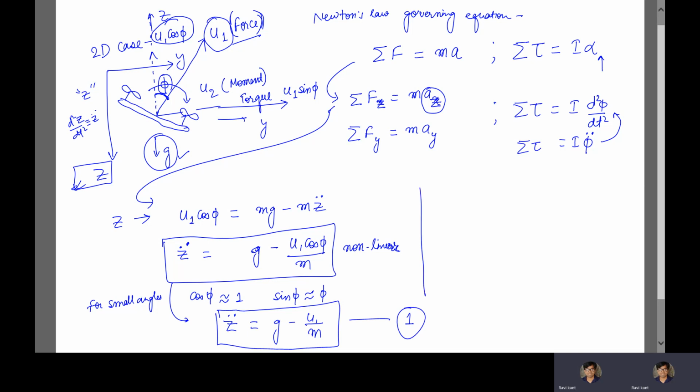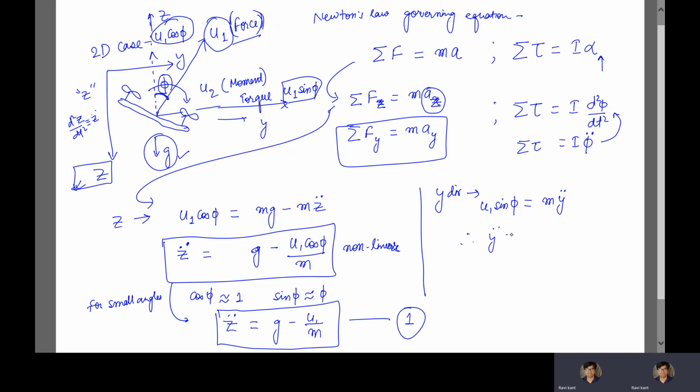Similarly, in the y direction, we can also write Newton's law. The summation of all the forces acting is u1 sin phi, and this gives the acceleration in the y direction. There are no other body forces, so I can directly write m y double dot equals u1 sin phi.